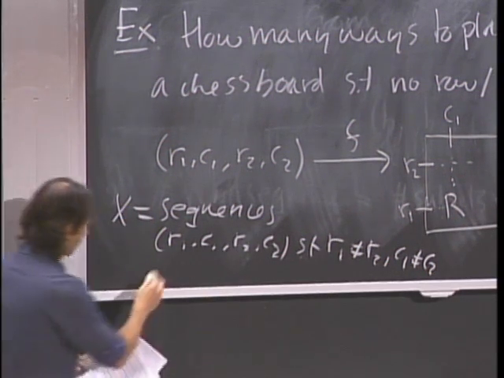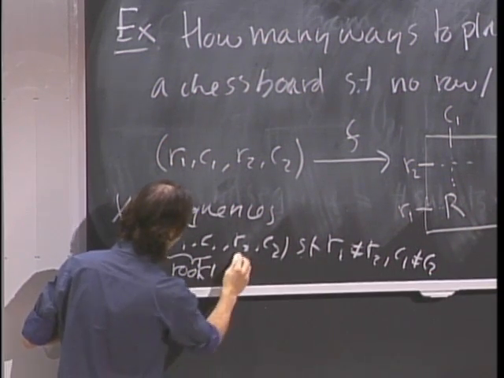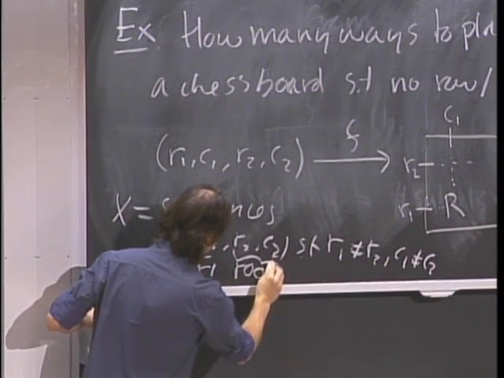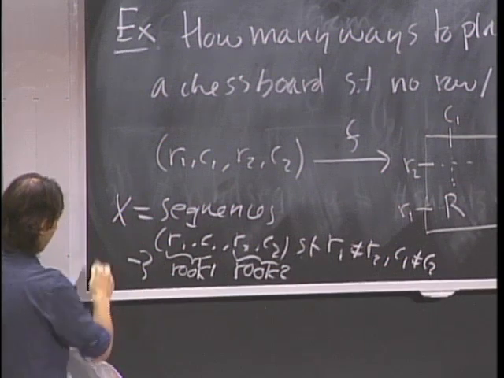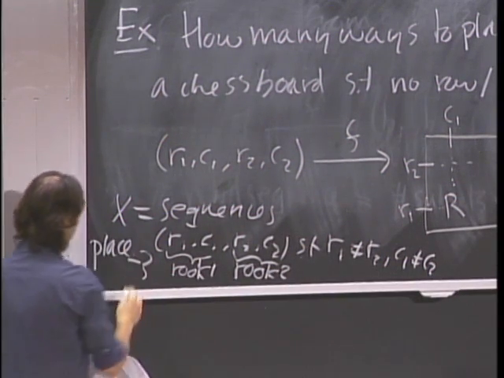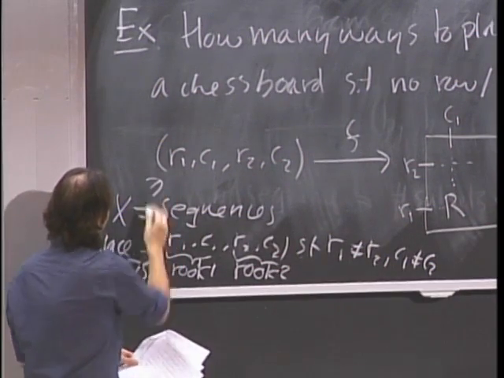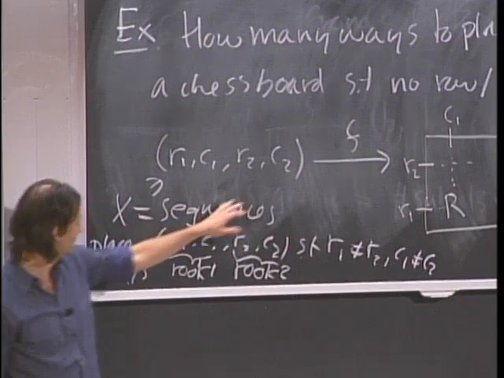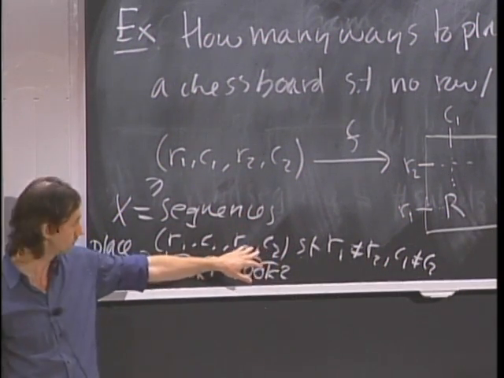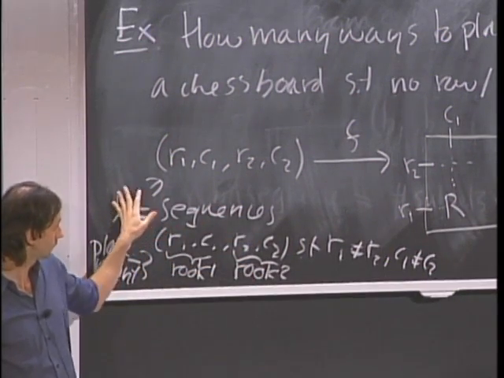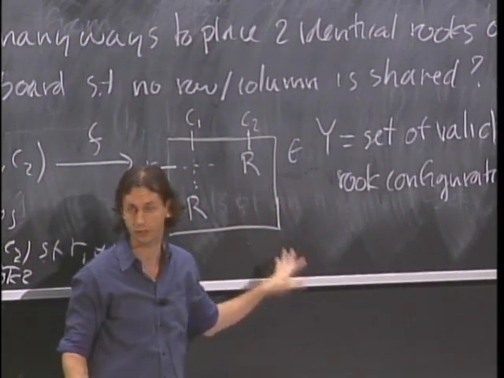So these sequences are really placements, right? This describes rook 1, this describes rook 2, and the whole combination is really a placement. So now I have described a function f that maps a sequence that describes the position of the first and the second rook, maps such a sequence to an element in Y, which is a valid rook configuration.